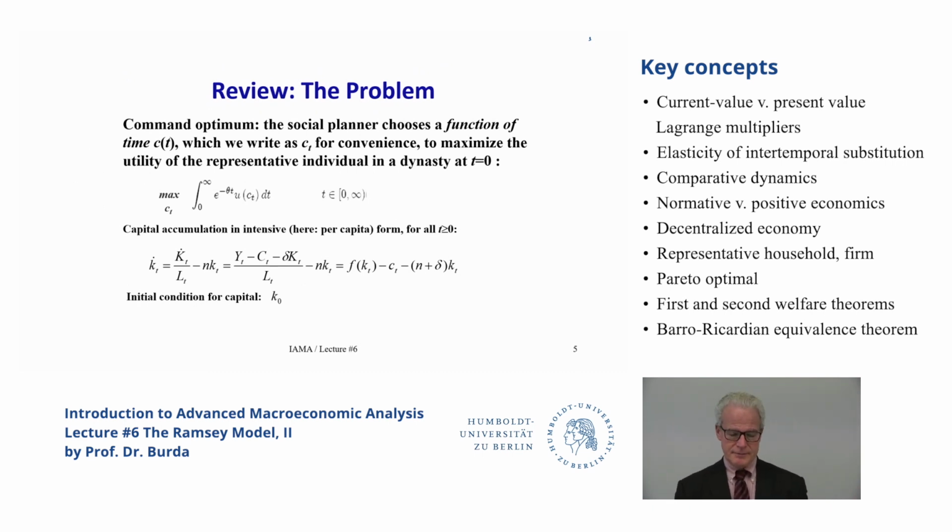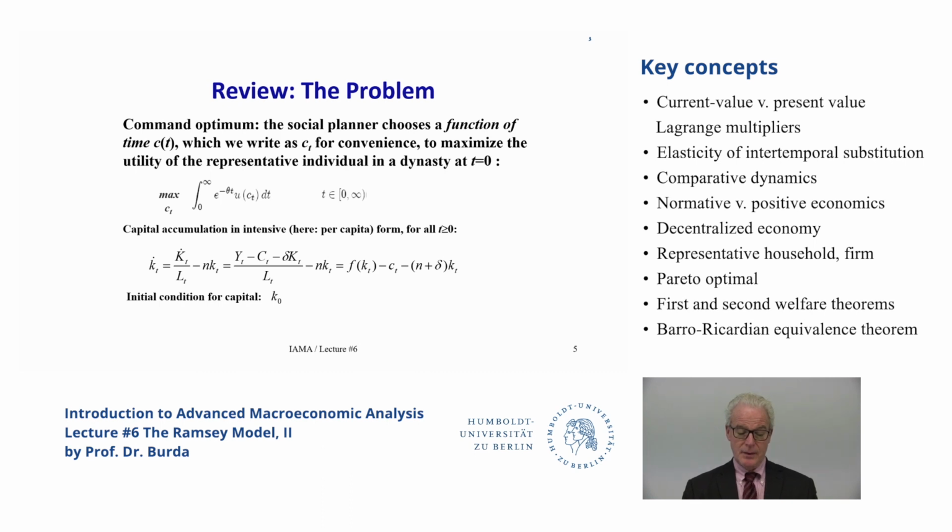The model itself stipulates a utility function that's an integral, so it's a sum, if you like, of instantaneous utilities in each period of time going from 0 to infinity, where the utility at period t is deriving solely from consumption per capita.